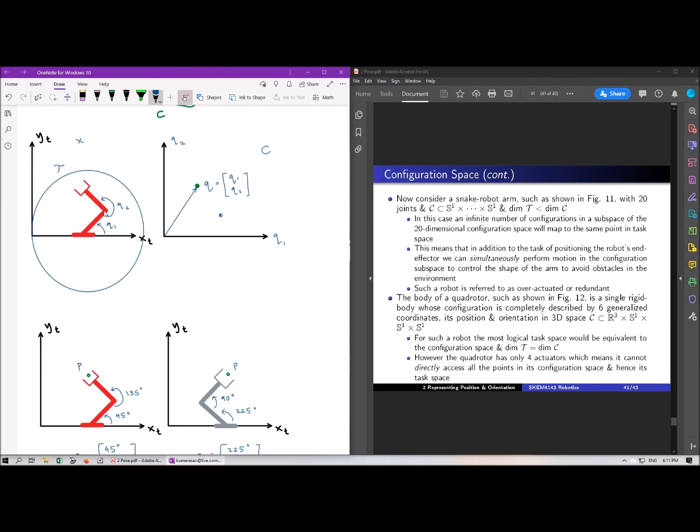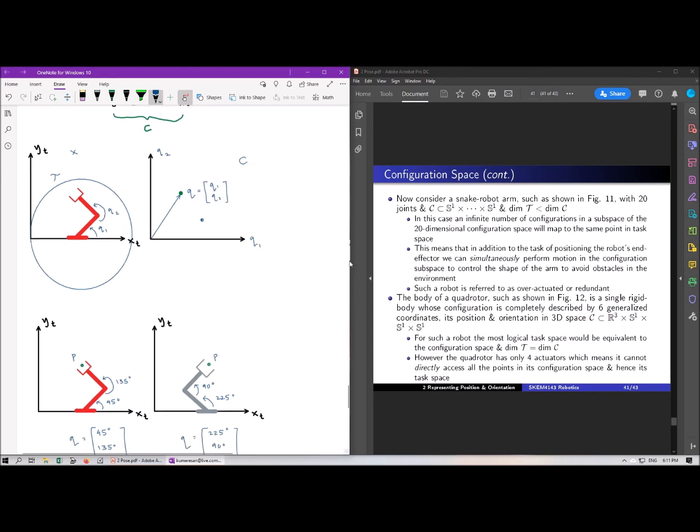So 2 actuators, and two elements of configuration, so the dimension of the configuration is 2. So this is not under-actuated. For whatever value of Q1 and Q2 within the limitation of the physical system, we can achieve it. But with our quad rotor, it's different.